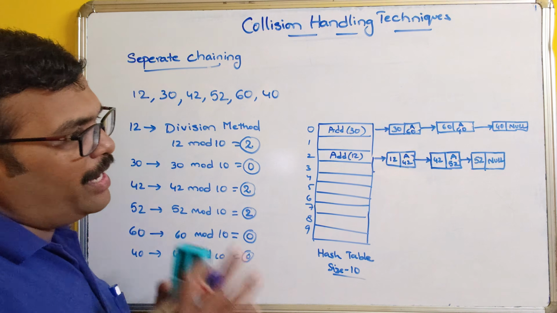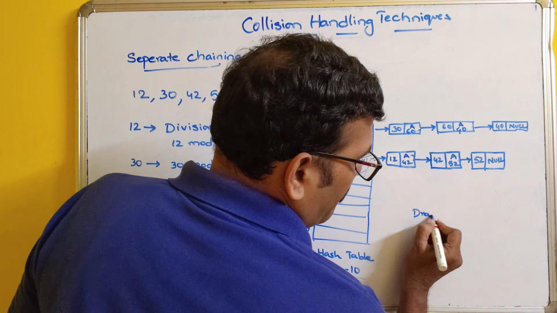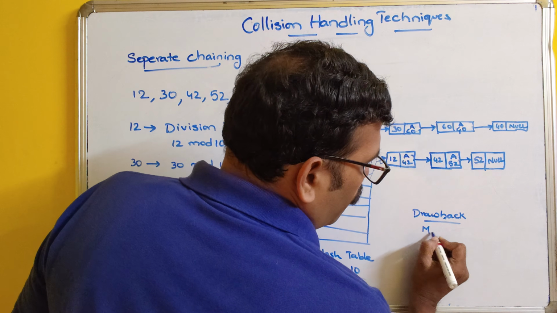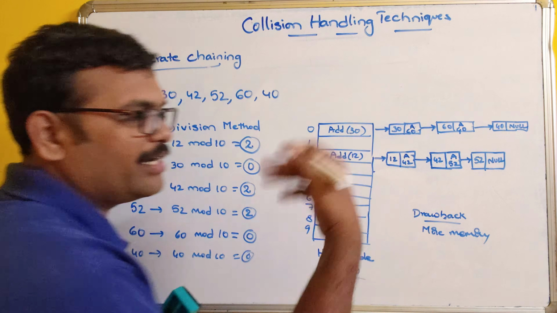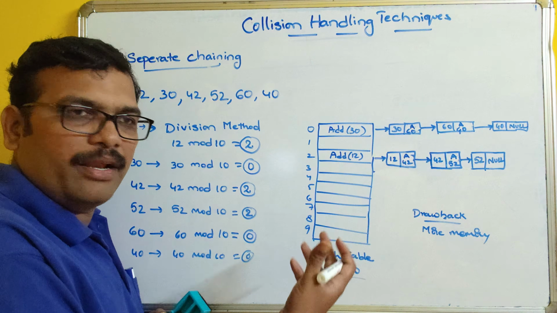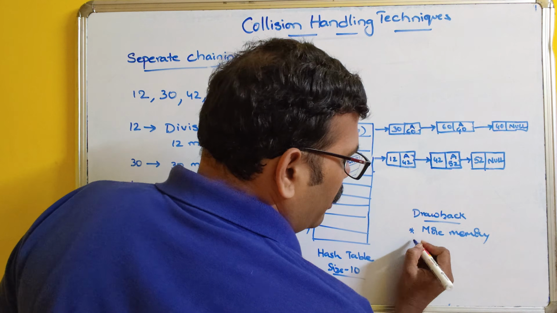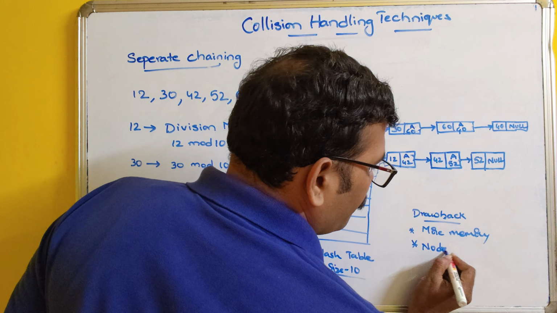This is the main drawback: it requires more memory because each node needs two memory locations, and the nodes can be more.